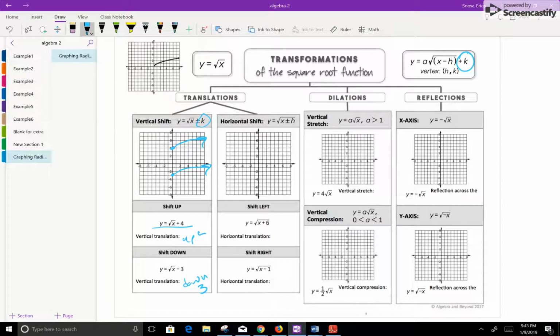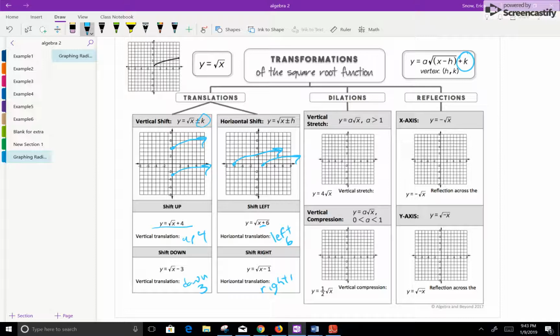Down 3, up 4. This is horizontal. Remember that they are opposite of what you think they are. So this is a shift left and a shift right there with our 1. So right 1, left 6.